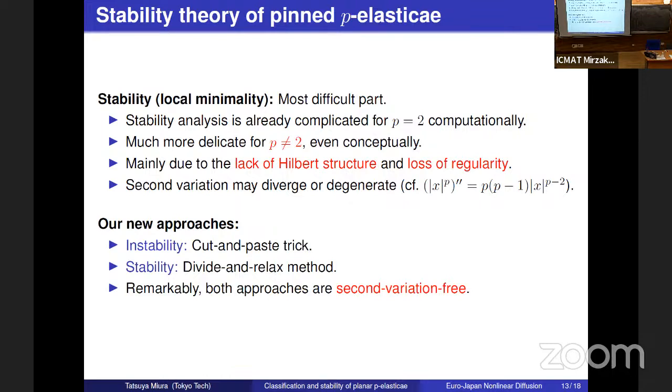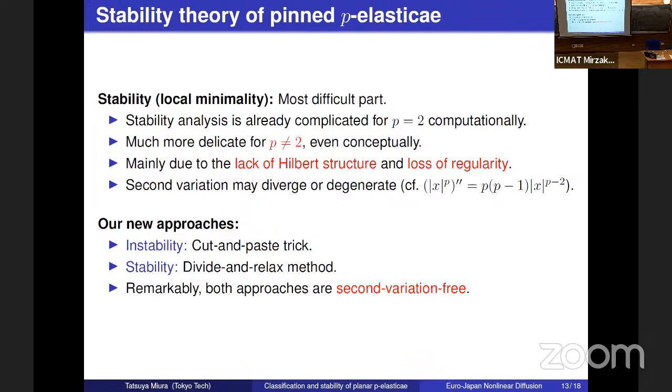Although the critical point can be explicitly computed, so the second order derivative is also explicitly computed, estimating the sign of the second order derivative is still difficult. It involves elliptic functions. But in some good cases, many works have been done.